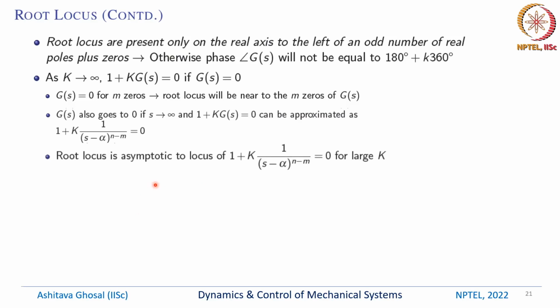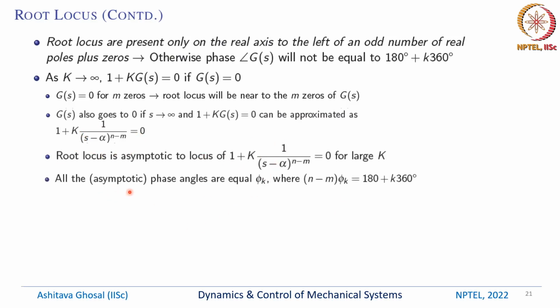So the root locus is asymptotic to the locus of 1 plus k into 1 divided by s minus alpha to the power n minus m equal to 0 for large k. Okay, so if you have a large k, then the root locus will be asymptotic to this.